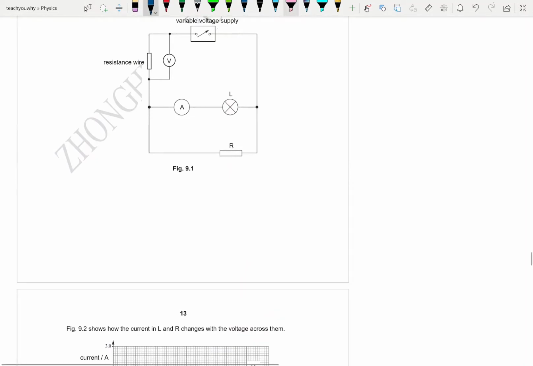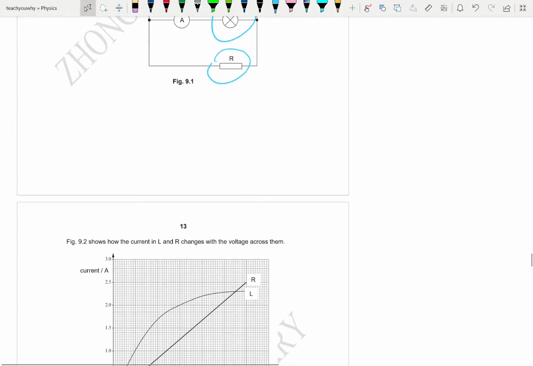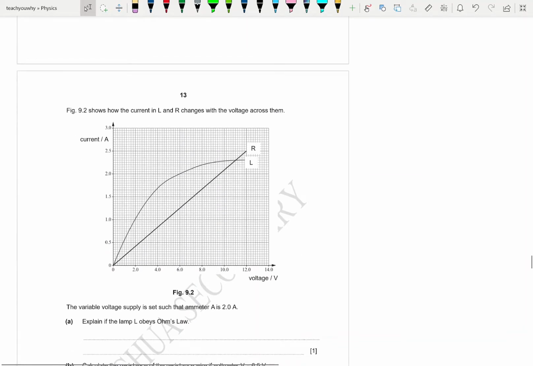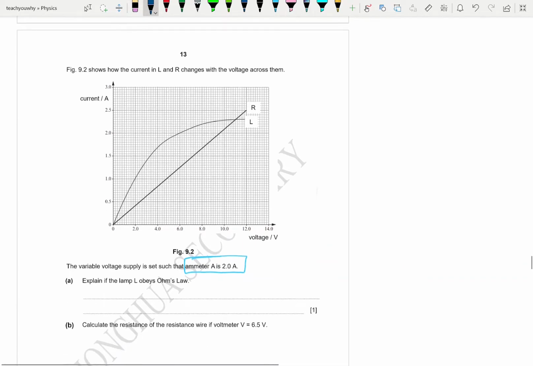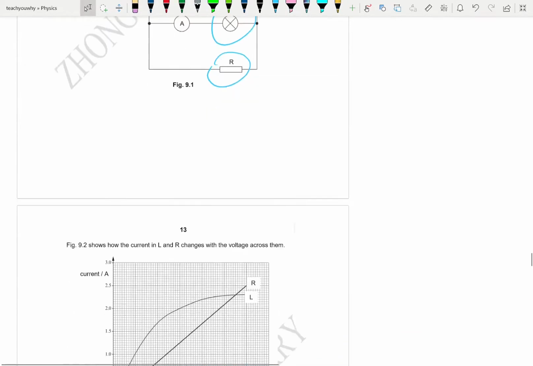So what they are talking about here is this and this, how it changes with voltage across. So the variable voltage supply is such that the ammeter reads 2 ampere. Okay, this is going to be something critical as we work along.